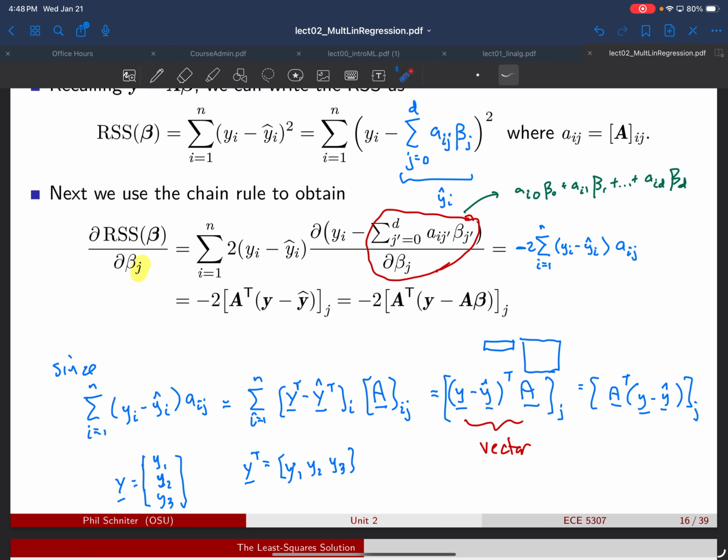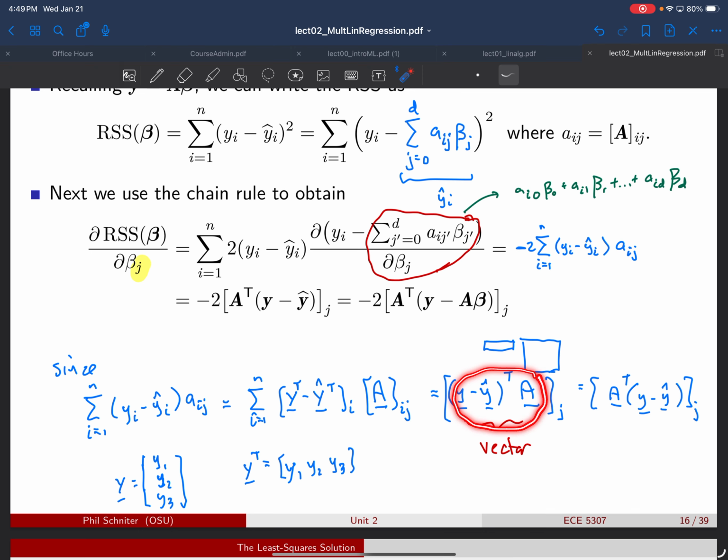Is everybody good? Yes. Yeah, what do we do for the last step? How are we supposed to go from here to here? Yeah. It's exactly this idea. What we said is, if I have a column vector and I extract the jth entry, that's equal to the transpose of that column vector extracting the jth entry. So here's a column vector. Actually, this is a row vector.